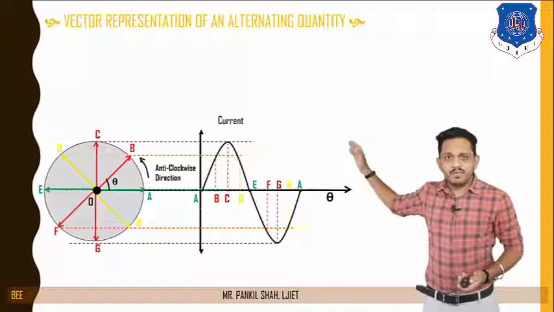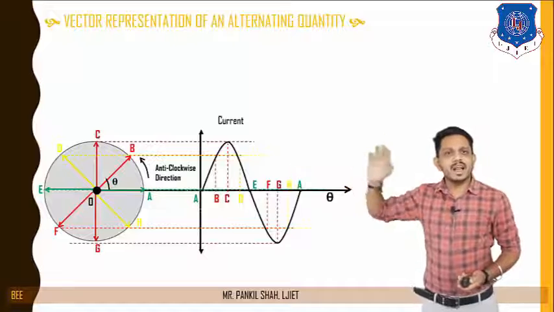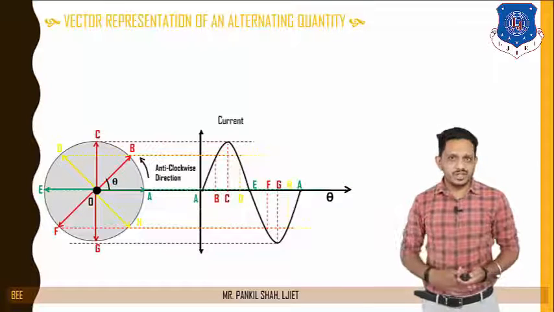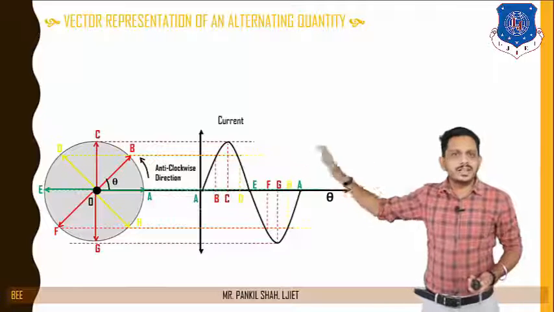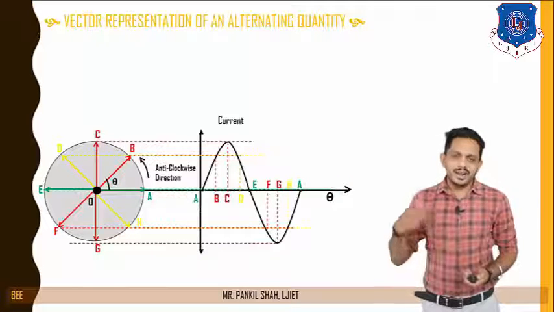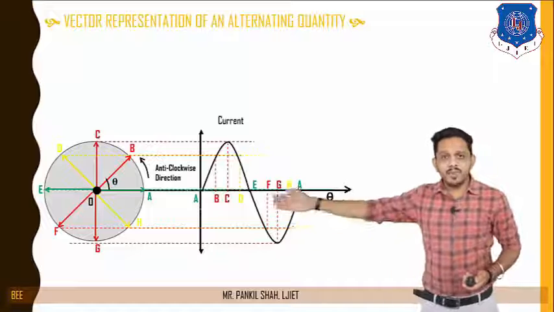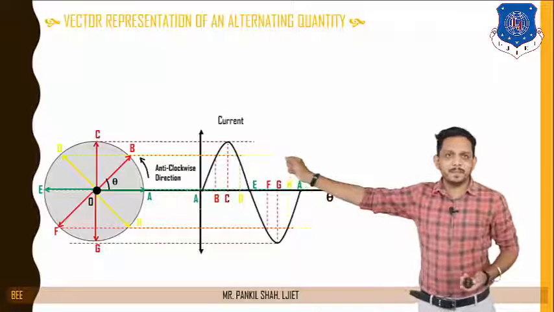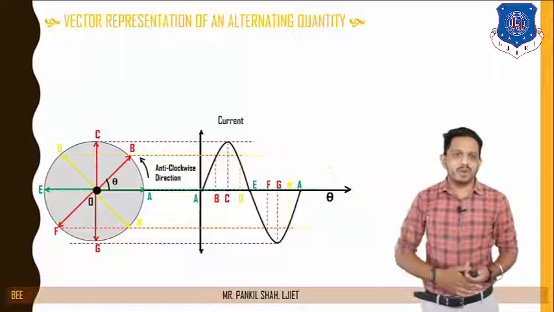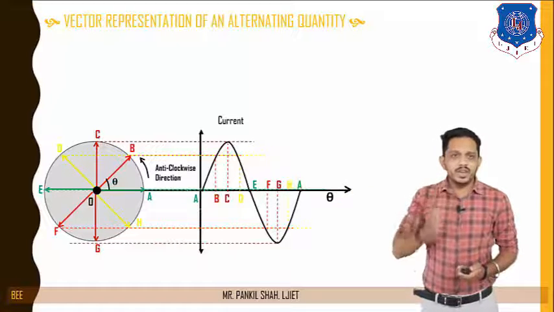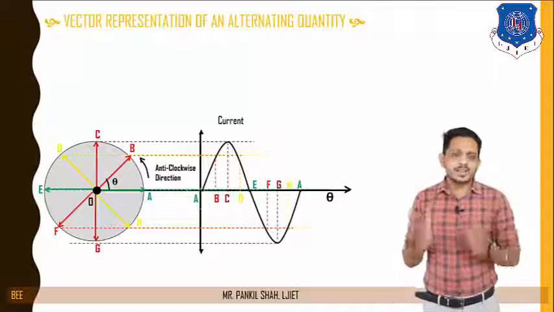And again, if we complete our cycle at OA point, that is 360 degree. At 360 degree, you can see that our coil is in the same position as it started. And in the waveform also you can see that the waveform has been completed at this point A. So A to A, one cycle is completed.